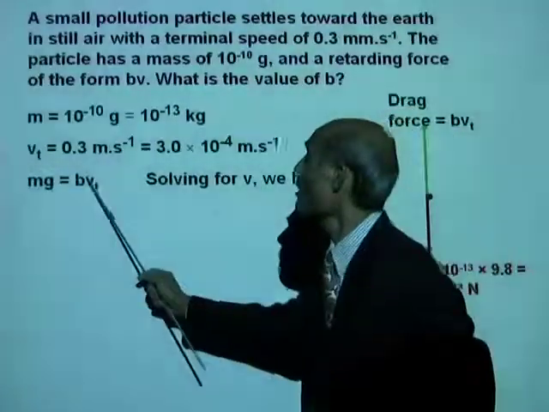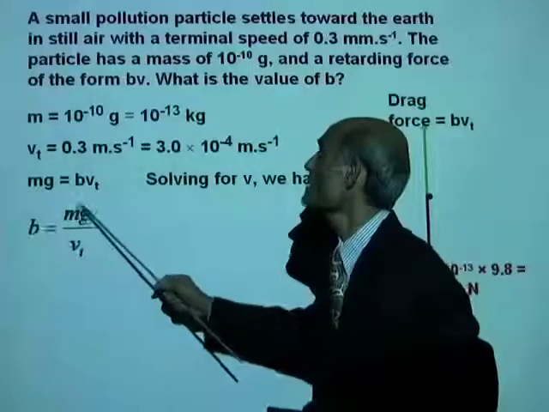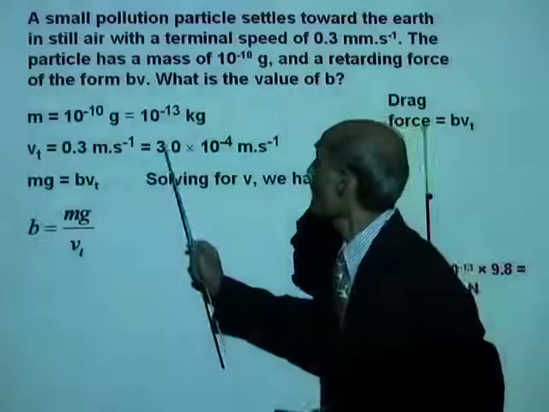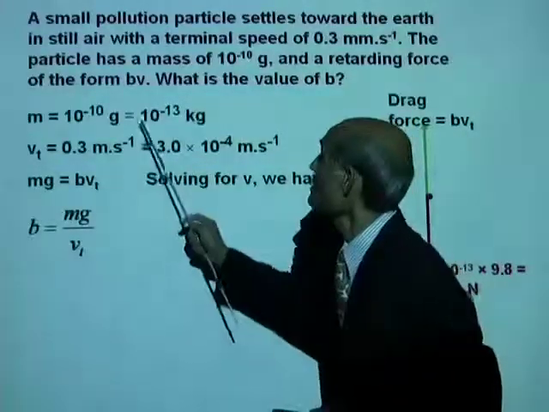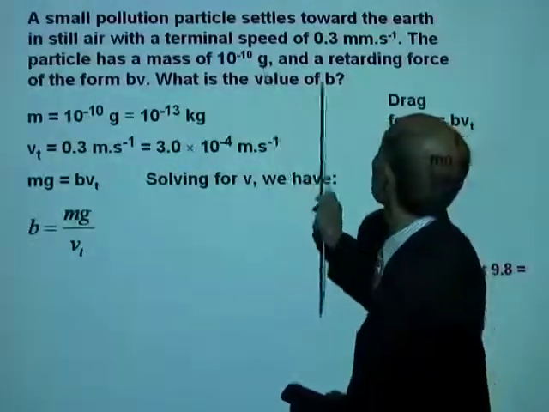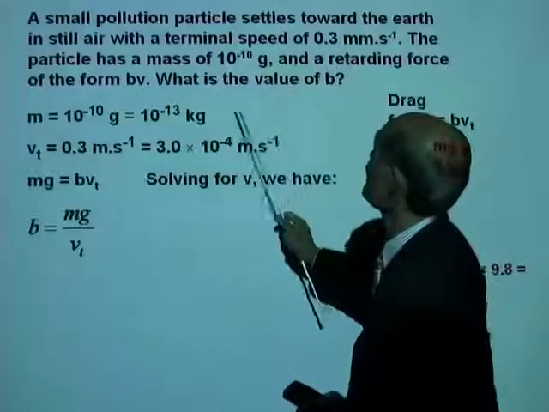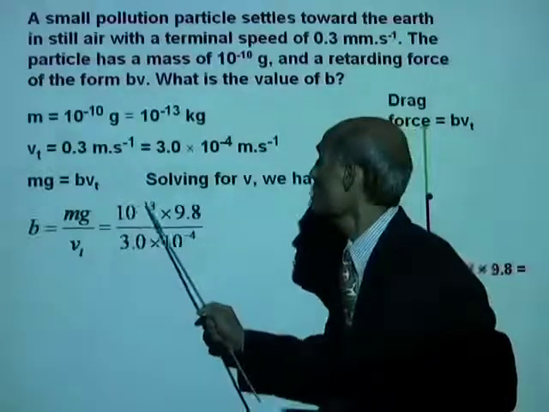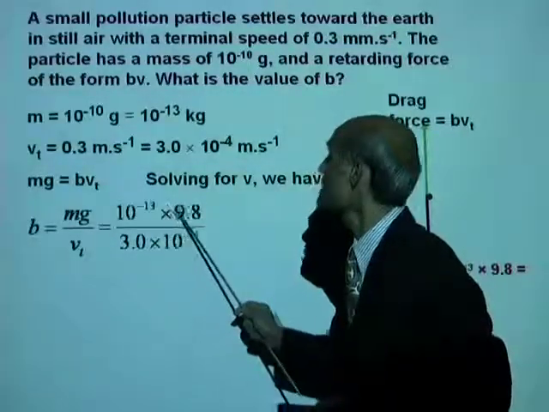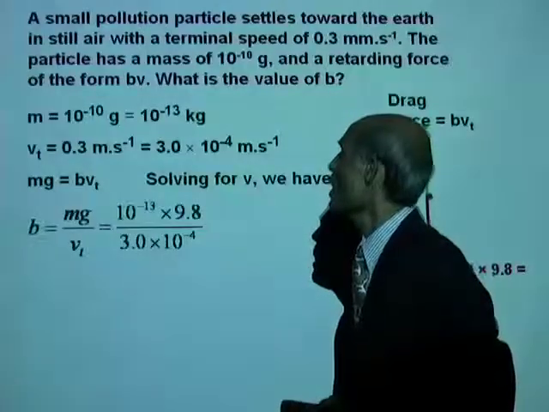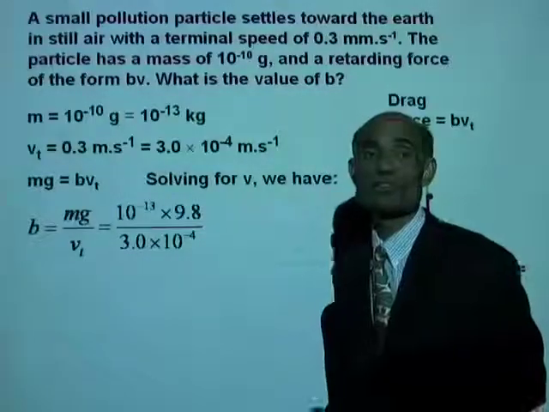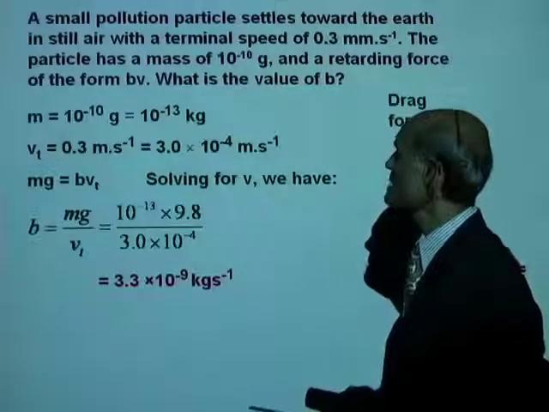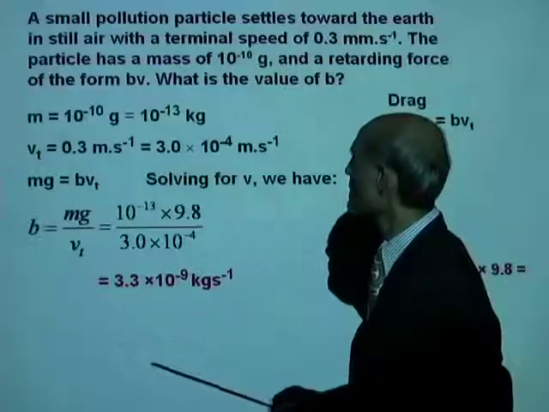Solving for b gives b equal to mg over v sub t. m is this, and v is given to us, 3 times 10 to the negative 4. So mg, 10 to the negative 13 times 9.8 over 3 times 10 to the negative 4, and that is 3.3 times 10 to the negative 9 kilogram per second.